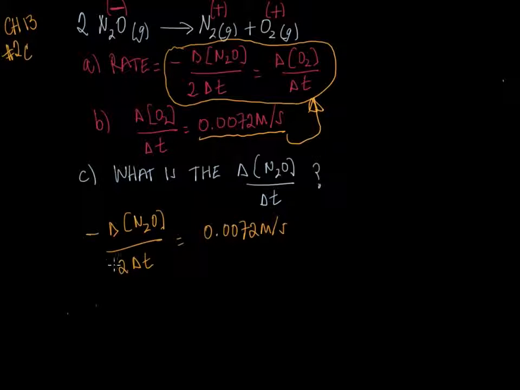Okay, so all we need to do here is multiply by 2. And so the negative change of N2O concentration over change in time is equal to twice that.